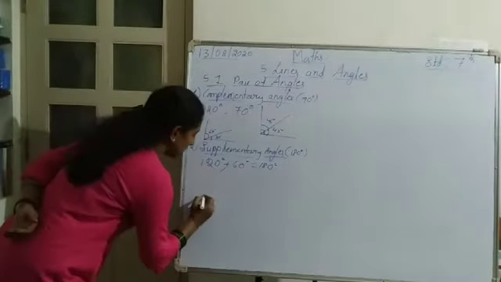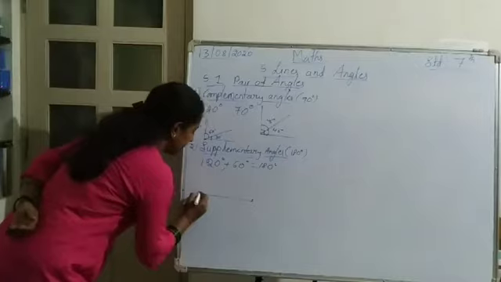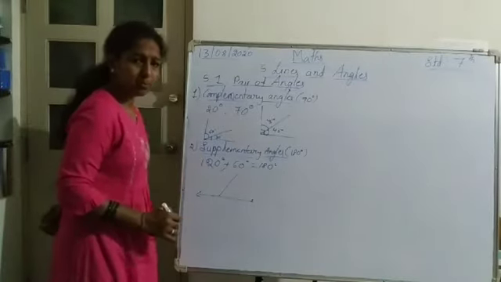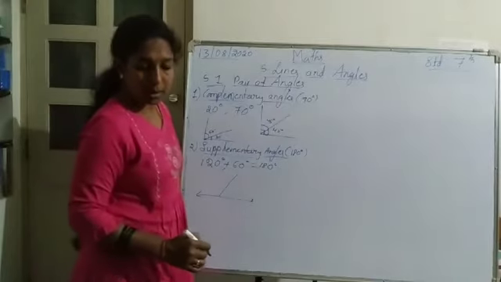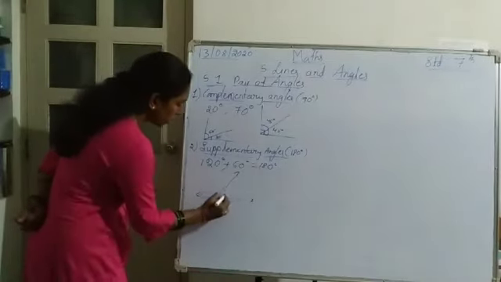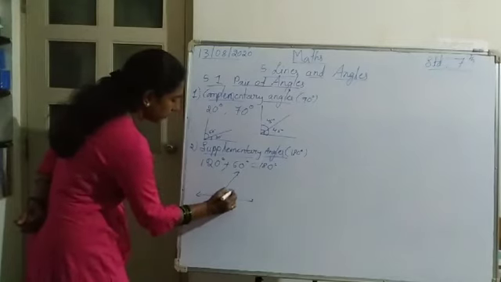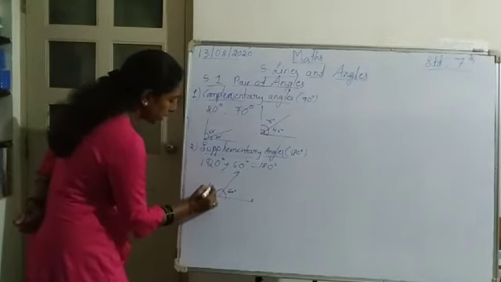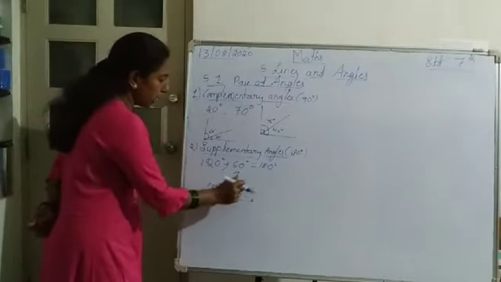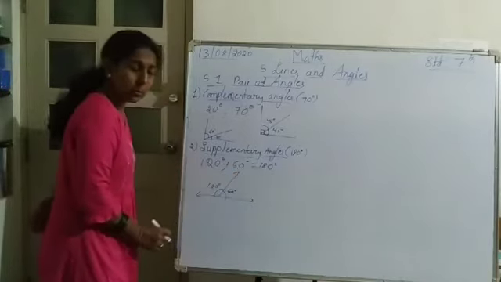Let us take one example here. One line is there, and on it one more line, one more ray, is standing. Here if this is 60 degrees and this one is 120 degrees, then if you add these two, you will get 180 degrees.